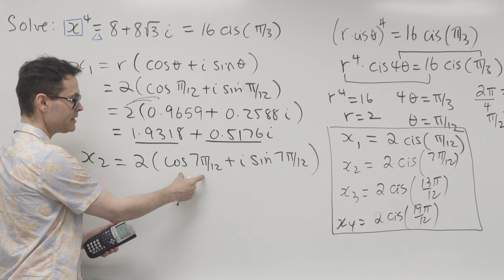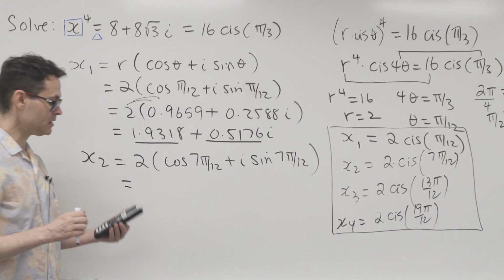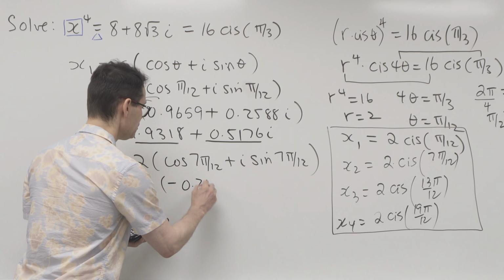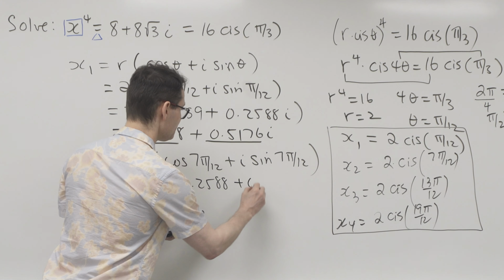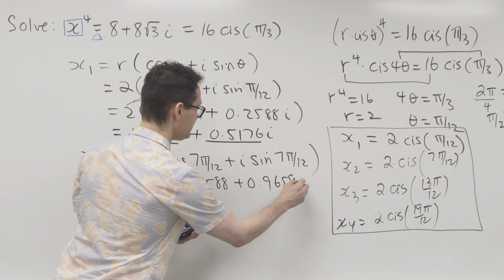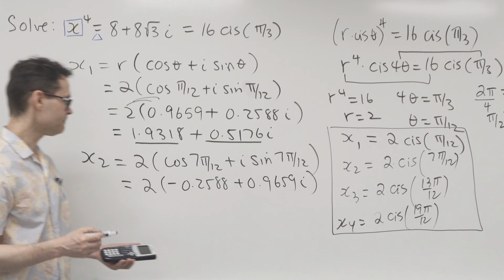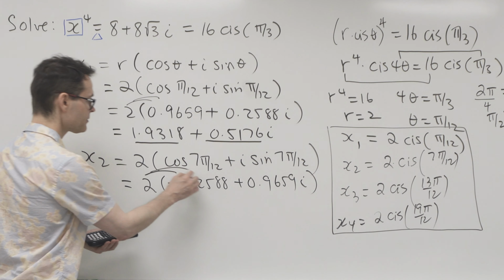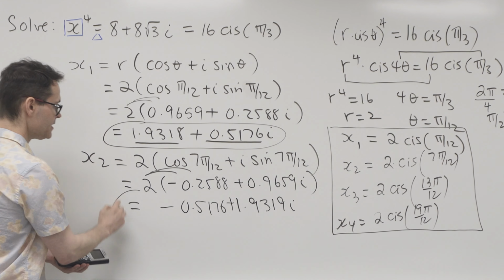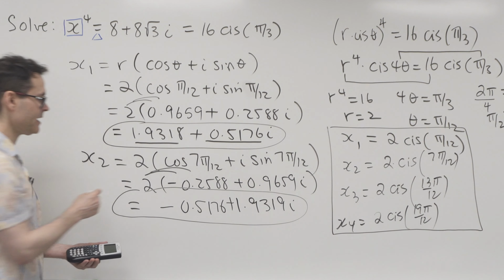You plug cosine 7 pi over 12 into your calculator. I get negative 0.2588, positive 0.9659, and I don't want to lose the i there. Then you bring the 2 through. So this becomes one of my answers, and this one also becomes one of my answers.